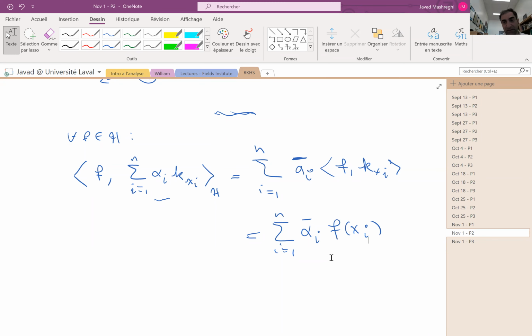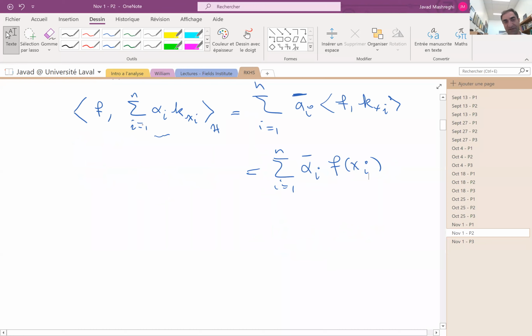instead of saying 2 is equivalent to 3, we can say not 2 is equivalent to not 3. In other words, if kx1 up to kxn are dependent, then there is a combination.